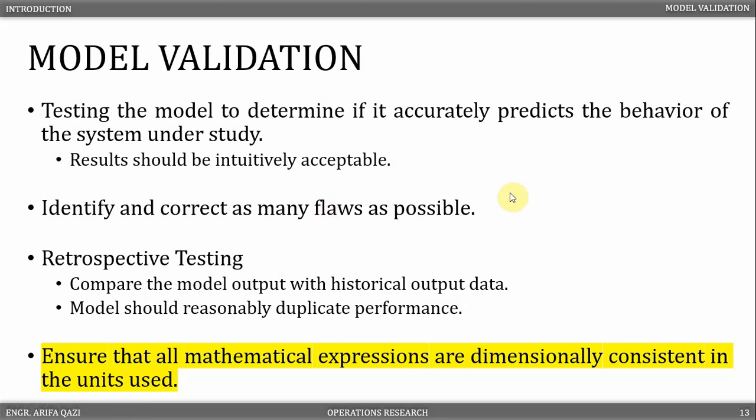For instance, in the speed formula, where speed is equal to distance over time, if the speed is given in kilometers per hour, then the distance should be given in kilometers and the time should be given in hours so that both the left-hand side and the right-hand side are consistent in units.